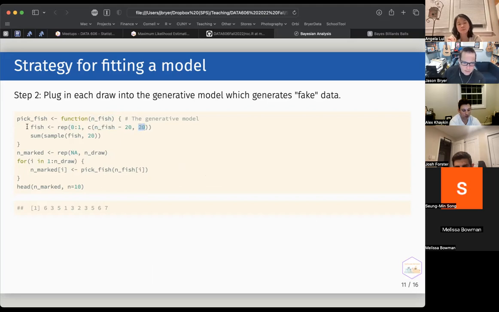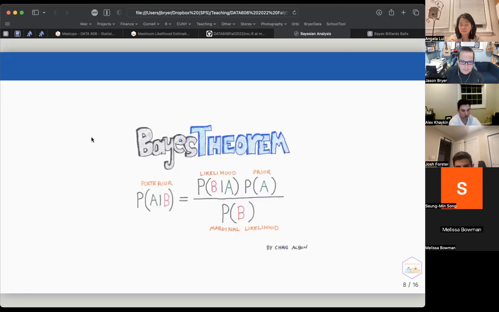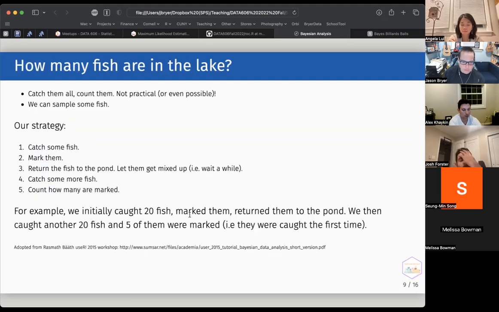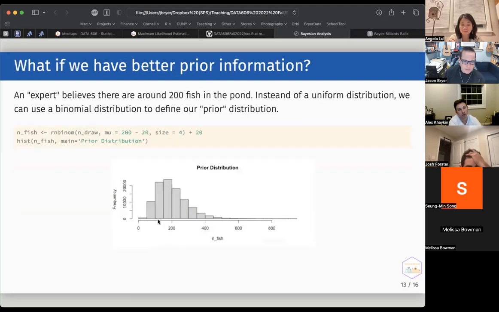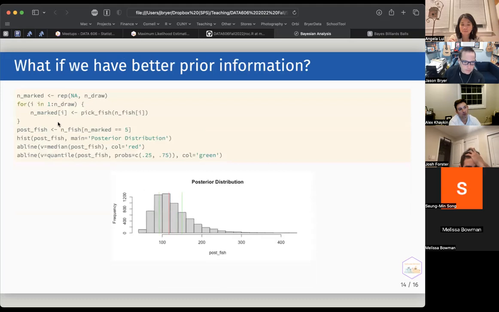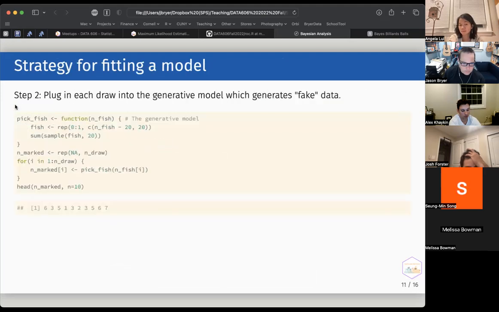And so I get that fish, and then I'm just going to randomly sample 20. Why 20? Because that's what I had at the beginning, that's what I got when I went out on my boat, right here.